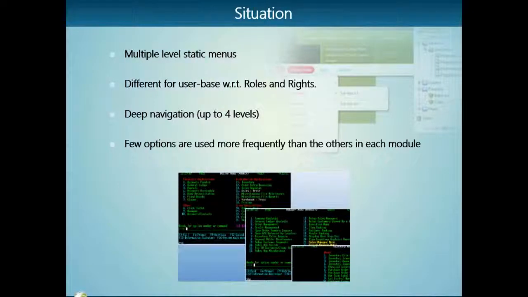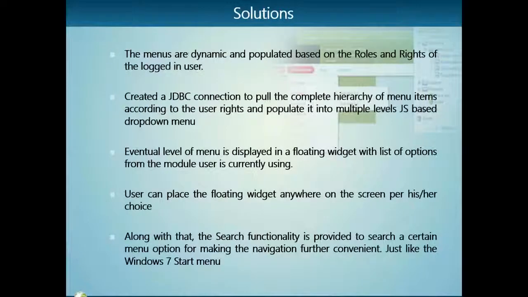So this is the difference: there is a most frequently used options section according to the module the user is in. So the menu is different with respect to roles and rights and with deep navigation.